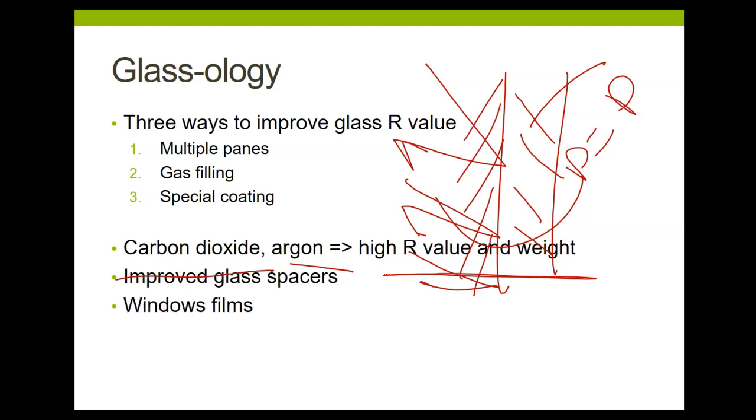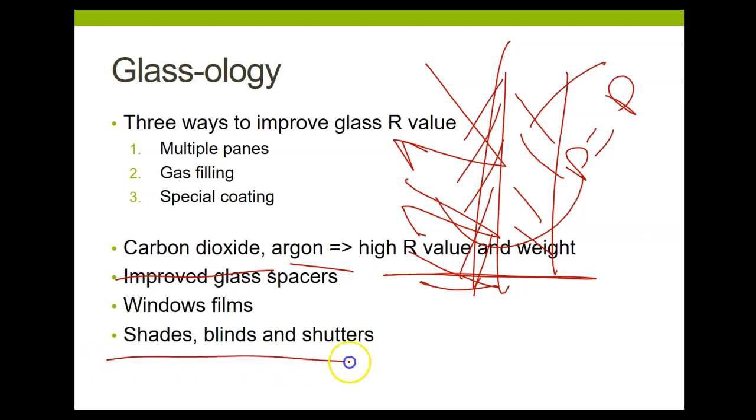Window films are very popular. Again, they go on the outside or sometimes the inside to reflect the heat. Shades, blinds and shutters are really great options for us to counteract the heat loss through the window. Shades are good in the summertime, and in the winter they're also good because they provide a barrier between the glass and the space.